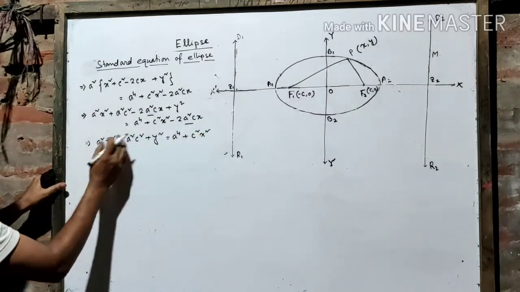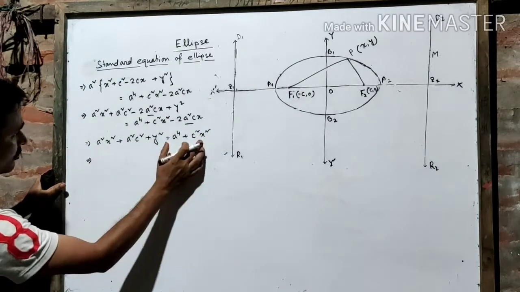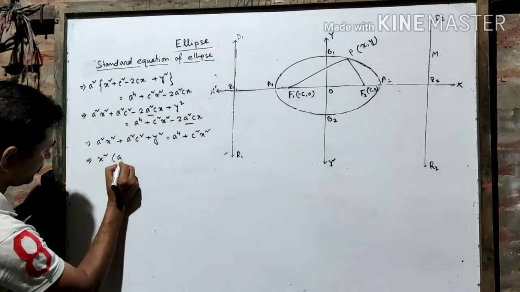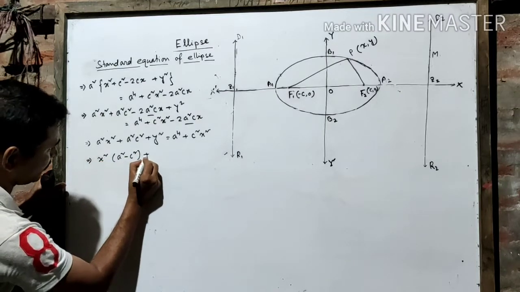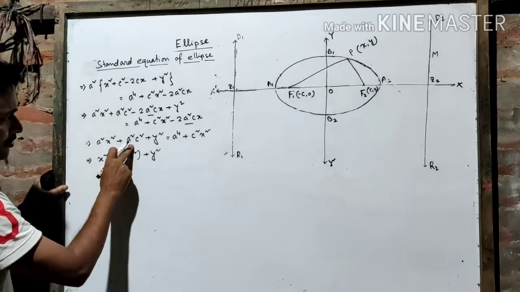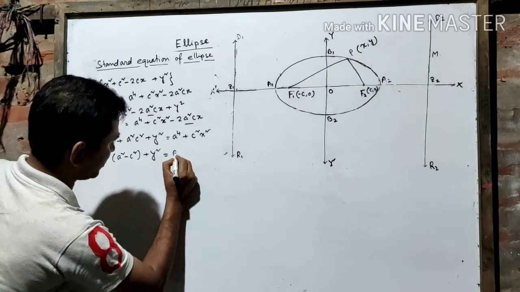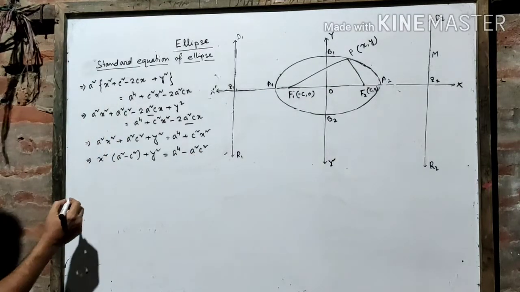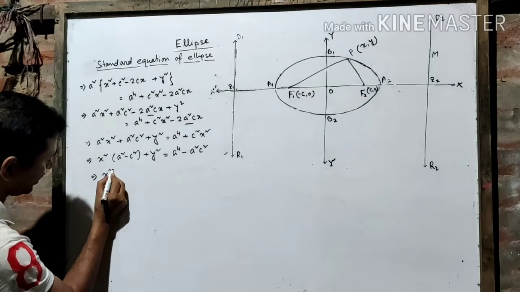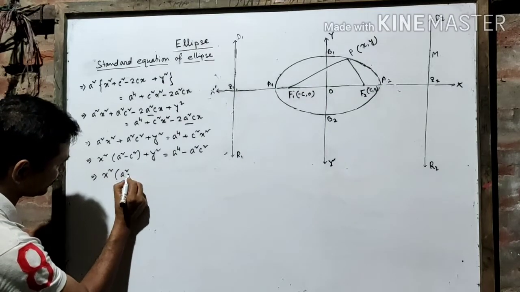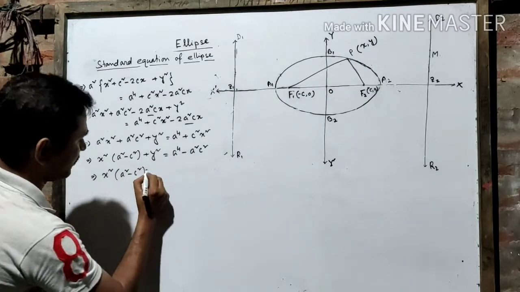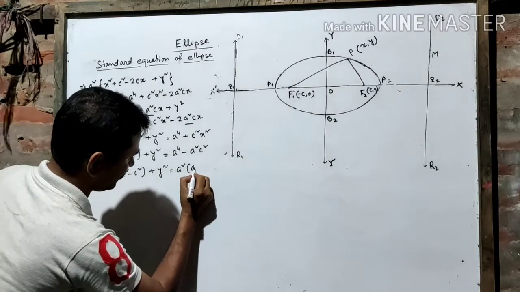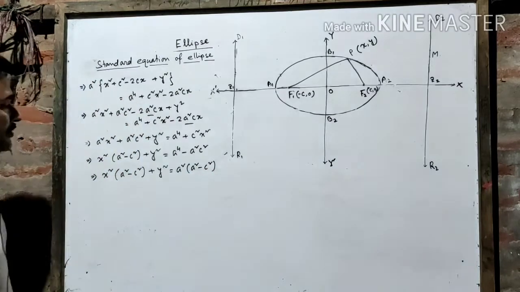This a square x square is brought to that side, and taking x square common from these two, it will be x square into (a square minus c square) plus a square y square, and this a square c square is brought to that side, is equal to a to the power 4 minus a square c square. This implies x square into (a square minus c square) plus a square y square is equal to a square into (a square minus c square).